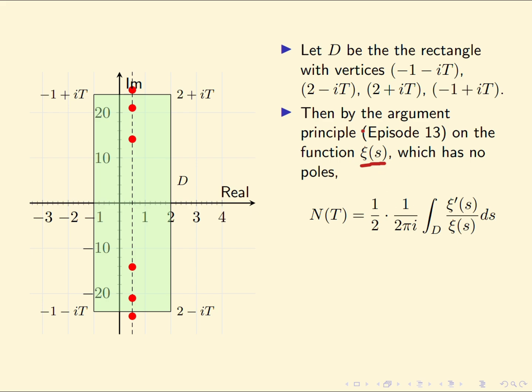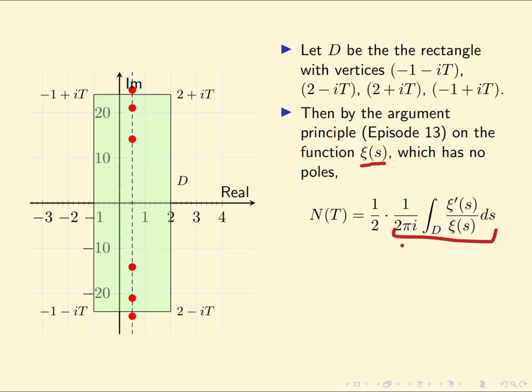So by the argument principle, the contour integral around this rectangle of xi prime of s over xi of s counts the number of zeros in this rectangle. Basically, this is the number of zeros with multiplicity, minus the number of poles, but in our case there are no poles.